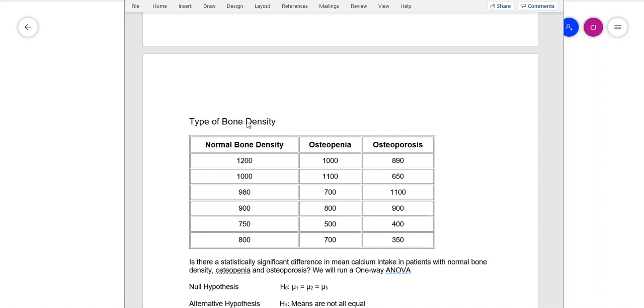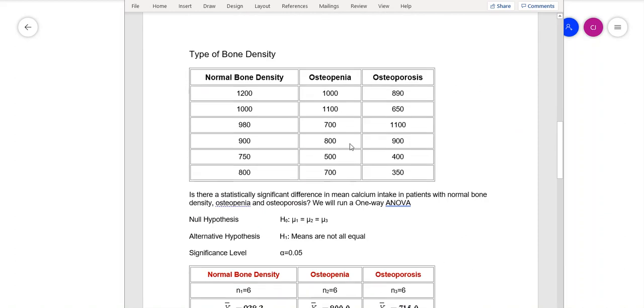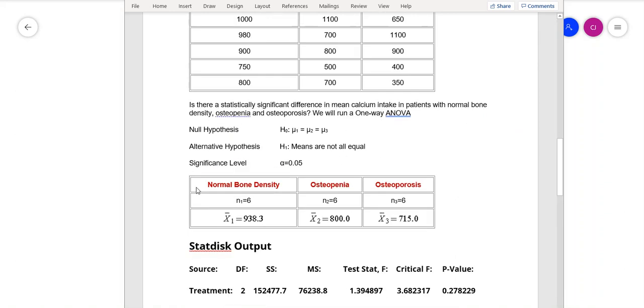The variable is type of bone density. There are 3 different types of bone density shown here. And then we measured the calcium within those groups, okay? So you've got to create your groups and measure them all on exactly the same thing, and you'll get your numbers. Your hypotheses are all going to be exactly the same.